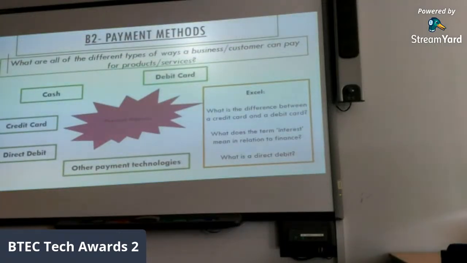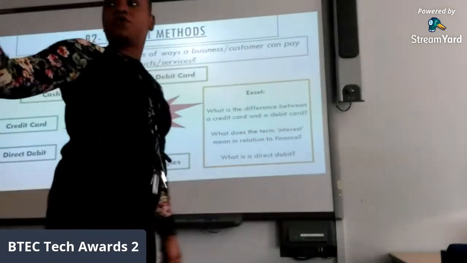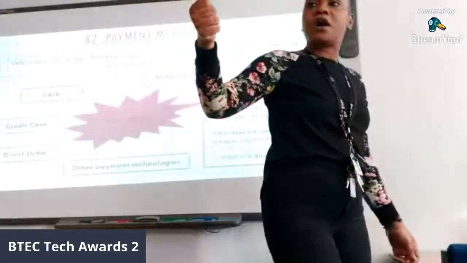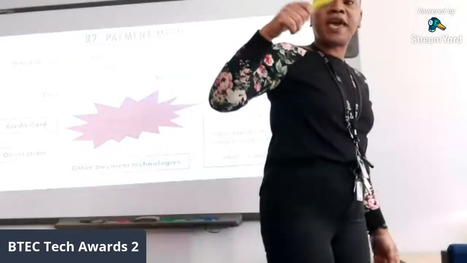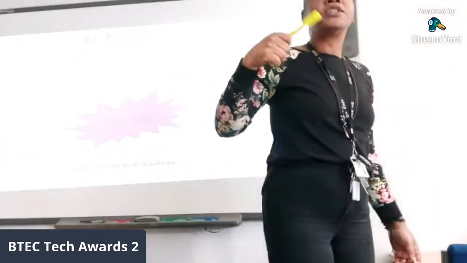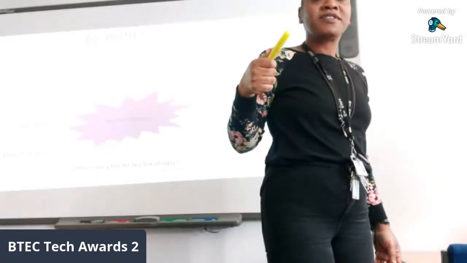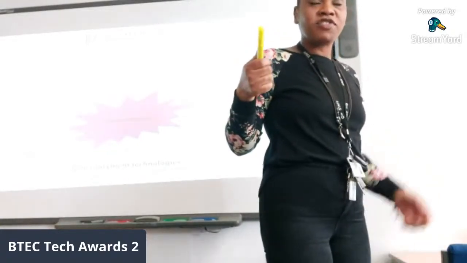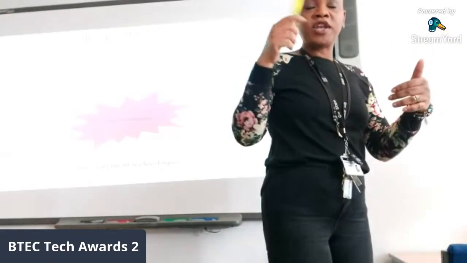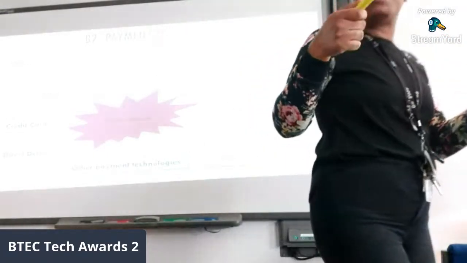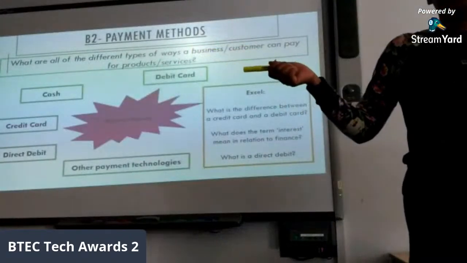So for example, you remember when we were talking about the credit card? The money that you have to pay them to use that money is called interest. So there's interest that you pay and there's interest that you get back.